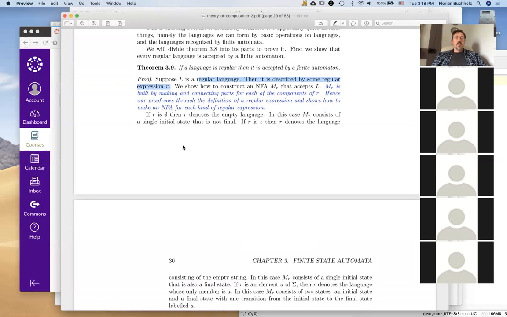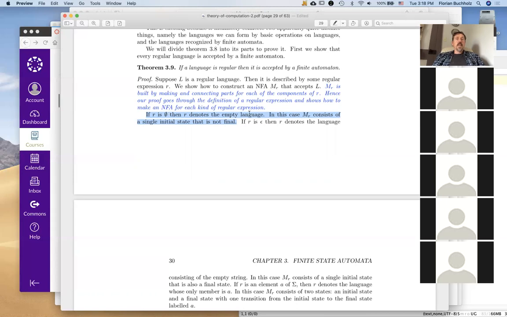The nice thing is we can now have little building blocks of automata, just like we had building blocks of regular expressions. So we start by saying, okay, these are the elementary automata.